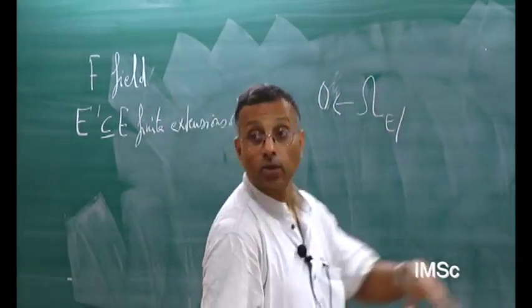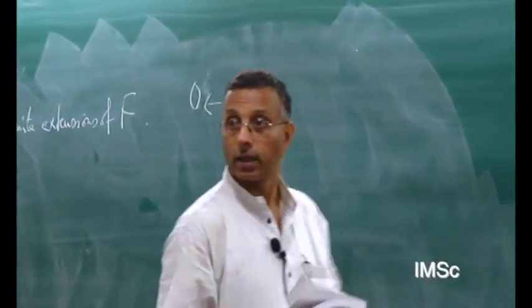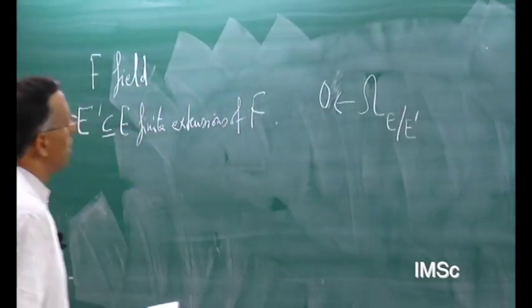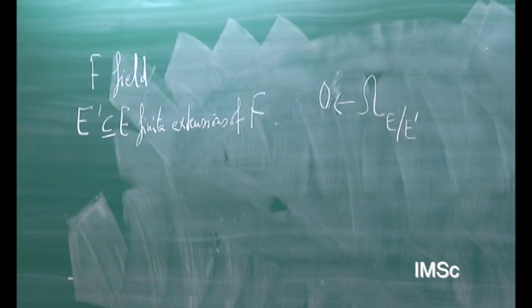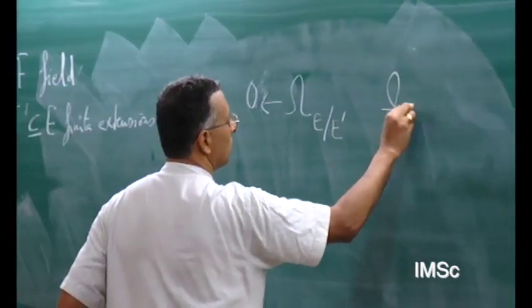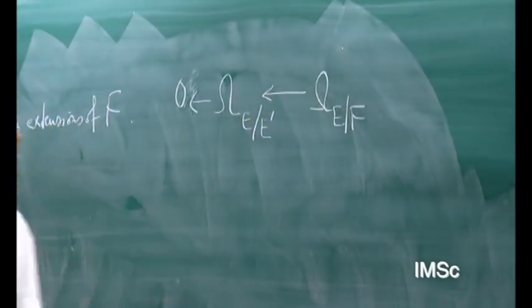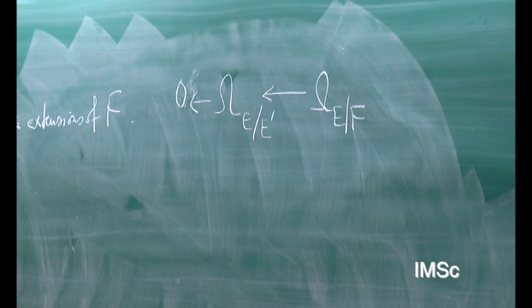so what I had on that side of the board, right? Universal, okay, let's see this. There is a map like that, right? Why is there a map like that?